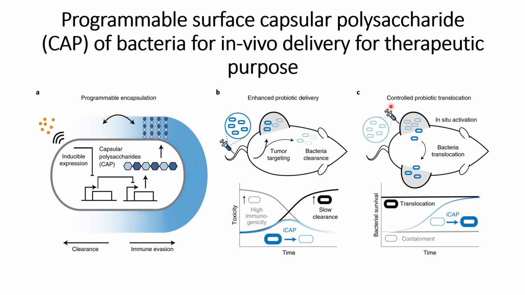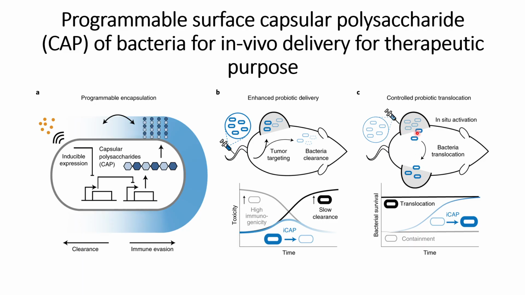The other thing that can be done is they also designed this cap in a way that it will activate once they are inside the host, so in situ activation can also be done. In that case, the cap is not already present in the bacteria, but once they are injected into the host, then if they are in the tumor sites, they are able to activate these cap formations, and if they are not in the tumor sites, then these cap formations will not be active, and this will lead to the bacteria clearance.